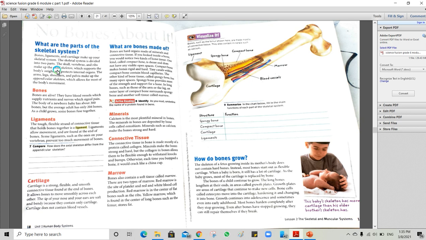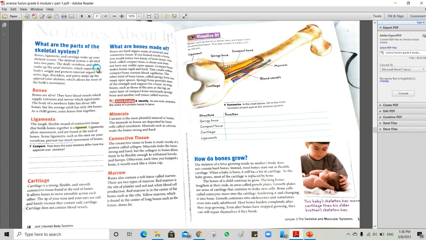Teacher, what is the axial skeleton? This part is responsible for support and protection. It supports the body and protects the internal organs. Like what, teacher? Like the skull, the backbone, or you can say vertebrae, and also ribs, or you can say rib cage.